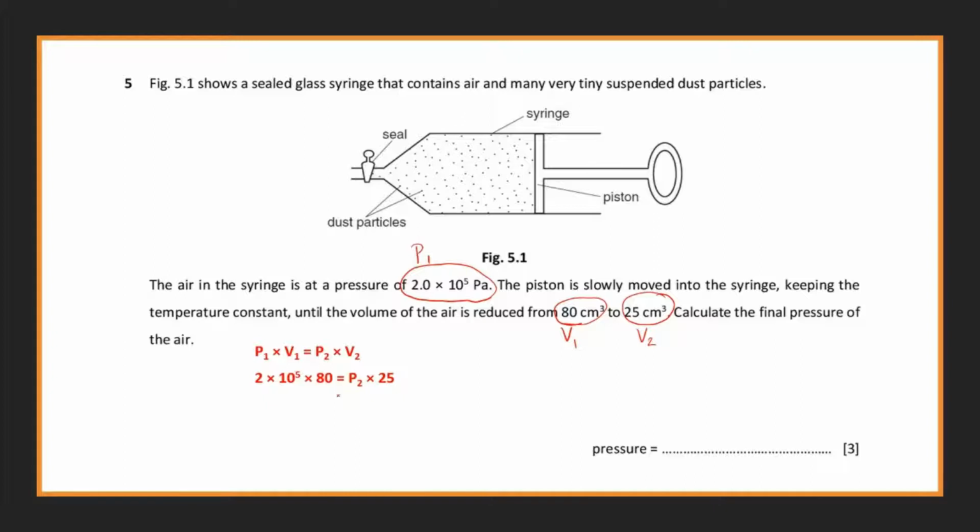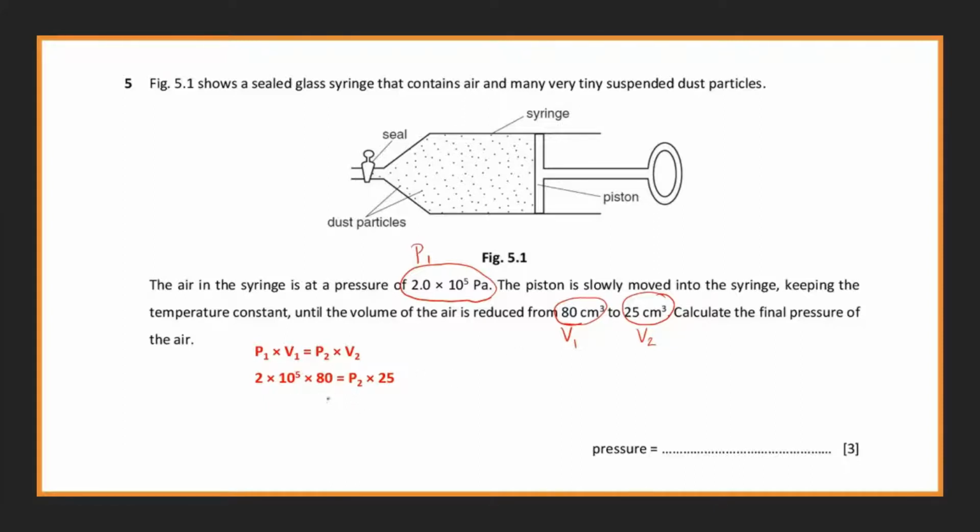Now for this equation, you don't have to convert the unit of the volume from cm³ into m³, okay? As long as V1 and V2 have the same unit. So if 80 and 25 have the same unit, you don't have to change the unit. Just use the unit as it is. Okay?